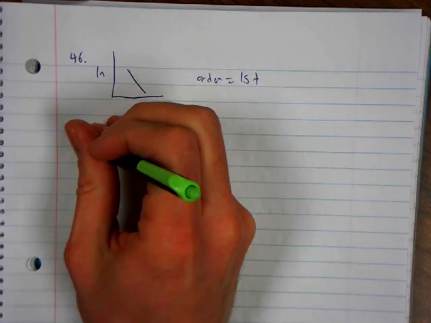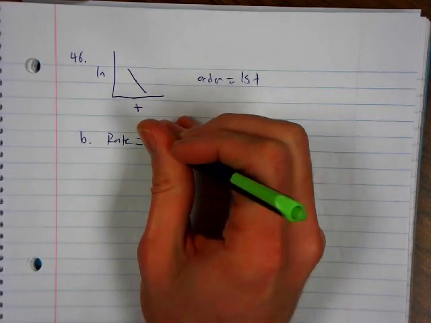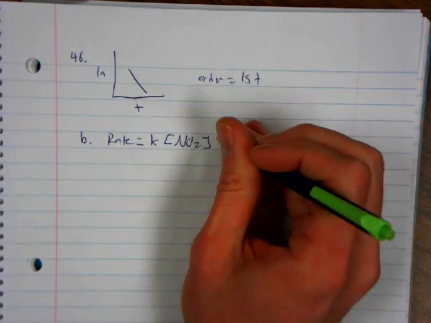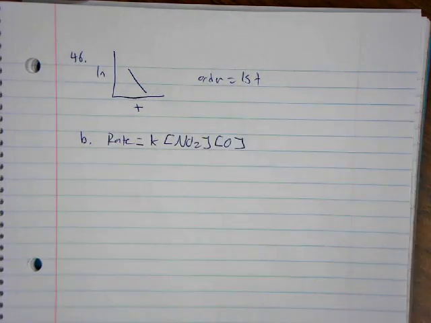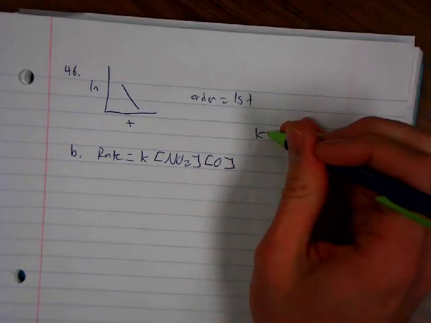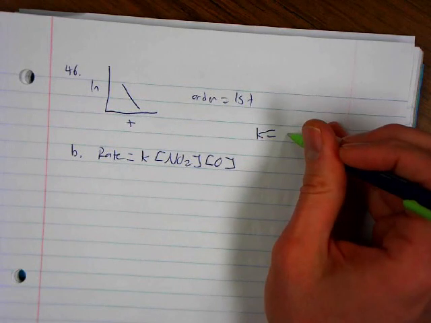What's the order? First order. B, the reaction is known to be first order with respect to NO2. Determine the overall rate law and the value of the rate constant. So A was just graph. For B, I know that my rate is going to equal k times the concentration of NO2 times the concentration of O, because they're both first order individually.